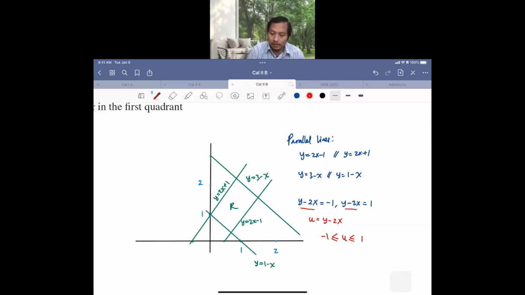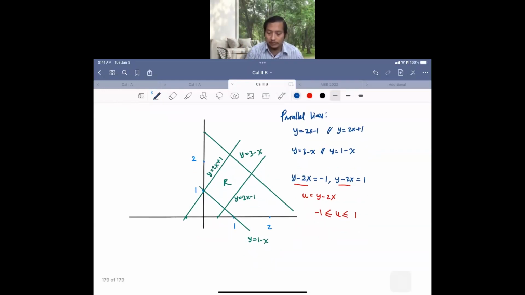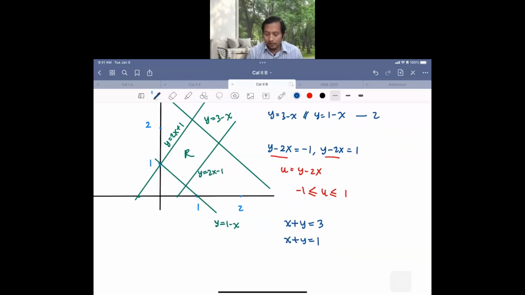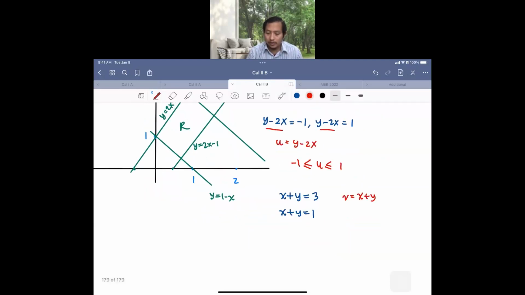Now, for the second pair of lines, we make x plus y equal 3 and x plus y equal 1. If we let this x plus y become v, then v goes from 1 to 3, right?